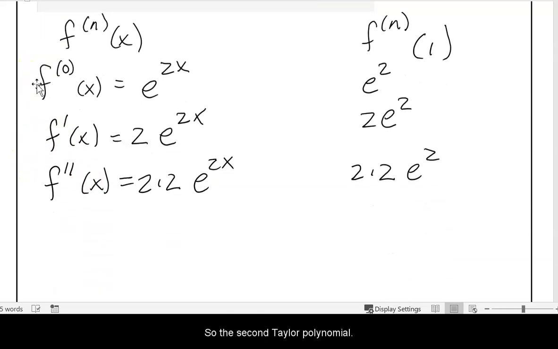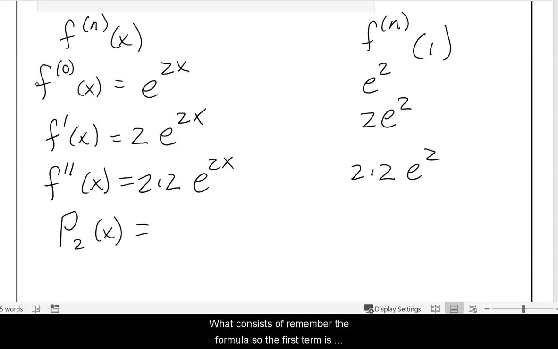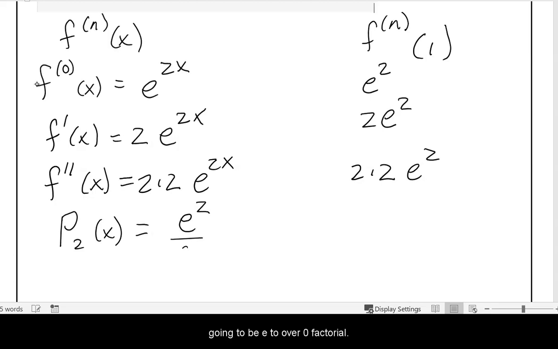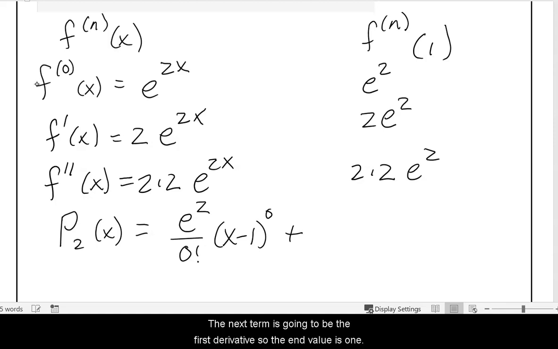So the second Taylor polynomial, P2 of x, would consist of, remember the formula, so the first term is going to be e squared over 0 factorial times x minus the center to the 0th. The next term is going to be the first derivative, so the n value is 1.